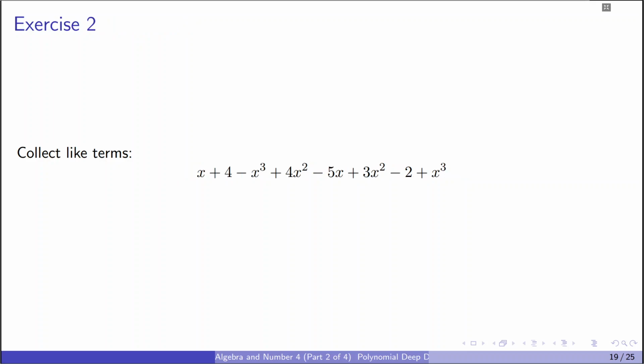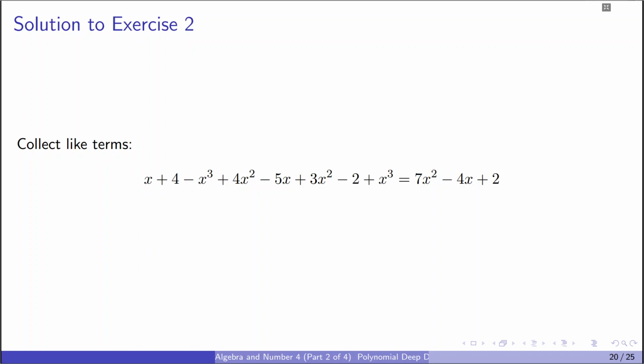Now here, notice this time it's only x, but exponents go up to x cubed. Pause now, take the time you need. Collecting our like terms on this one, we have a negative x cubed and a positive, so they actually cancel. Fully simplified, this is 7x squared minus 4x plus 2.